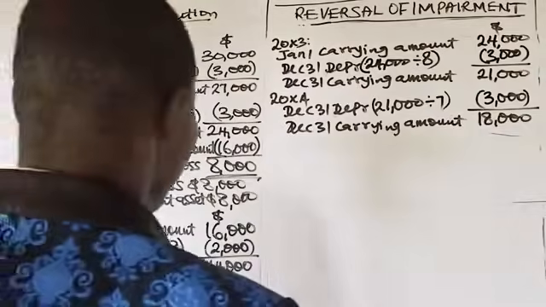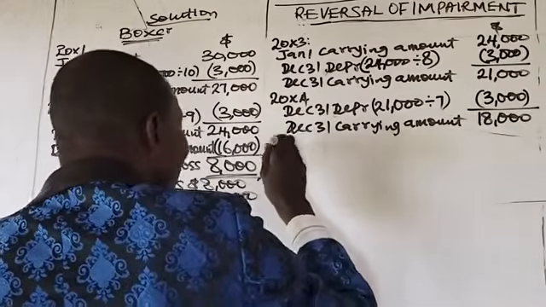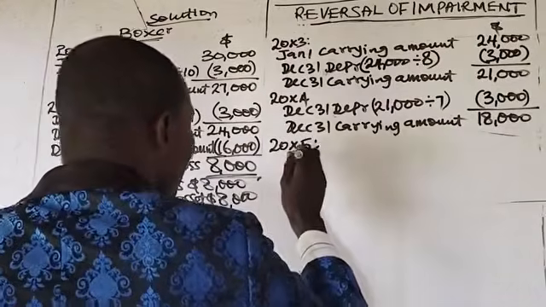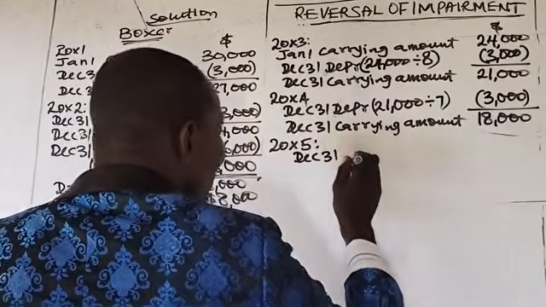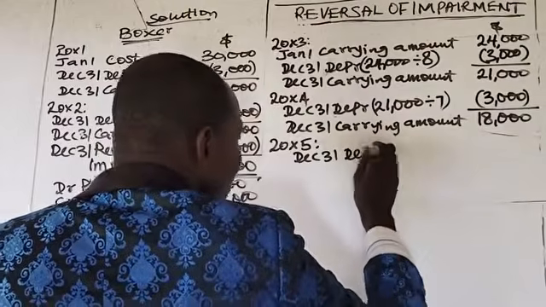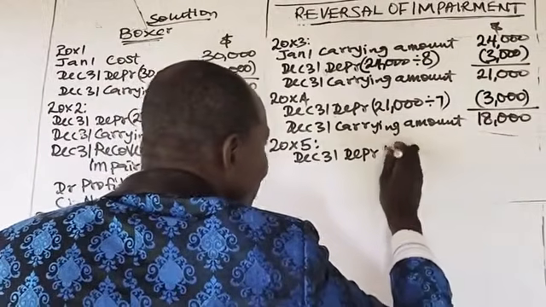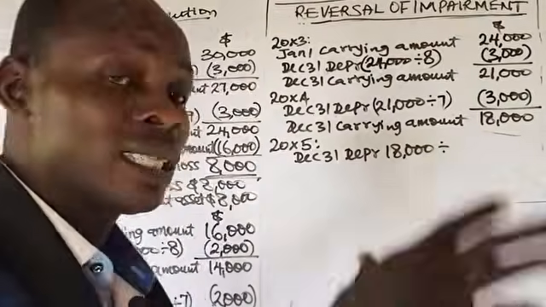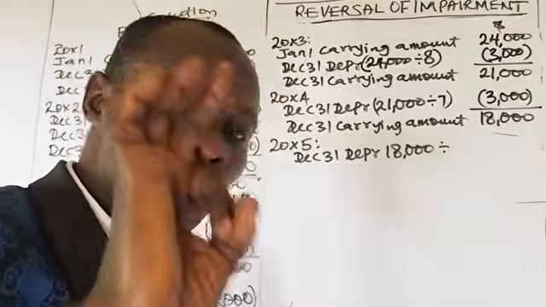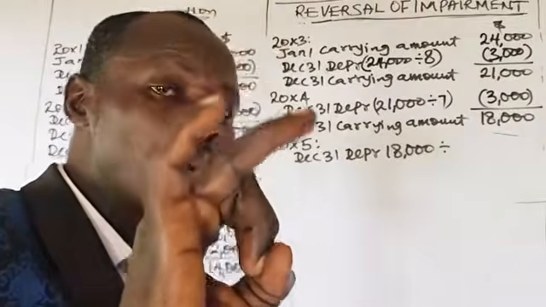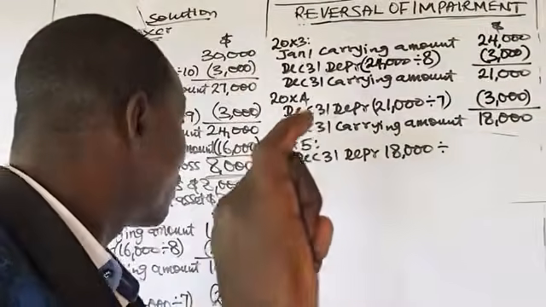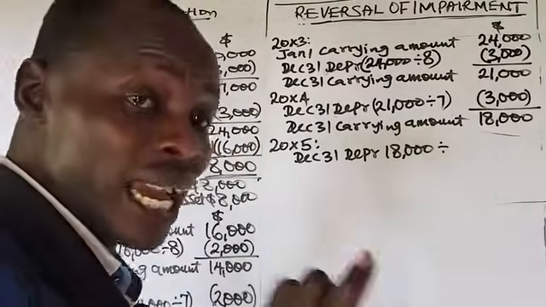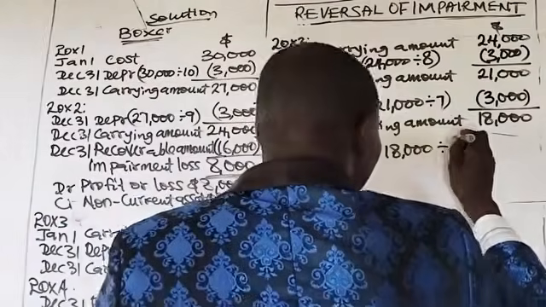Then the next year is 20x5. As at December 31st, 20x5, you have depreciation on 18,000. Remember, the life is 10 years. Out of 10 years, 20x1 is gone, 20x2 is gone, 20x3 is gone, 20x4 is gone. That means 4 years have expired. If you subtract 4 from 10, you'll be left with the unexpired life of 6 years.